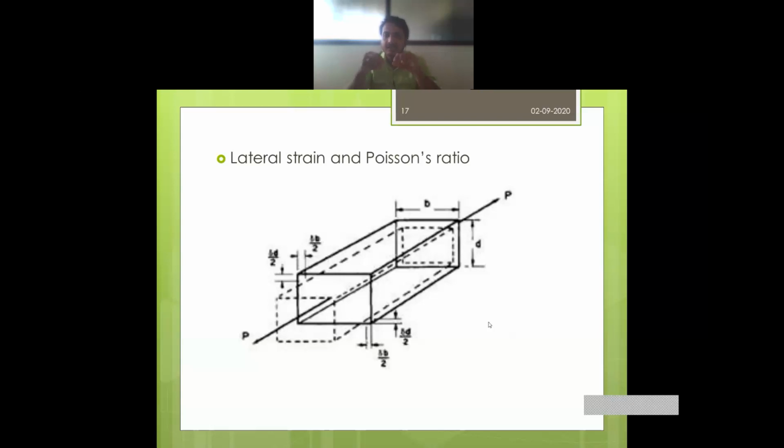The strain in the direction of the force is longitudinal strain. Along the length, it is longitudinal strain. Along the cross section, it is lateral strain.